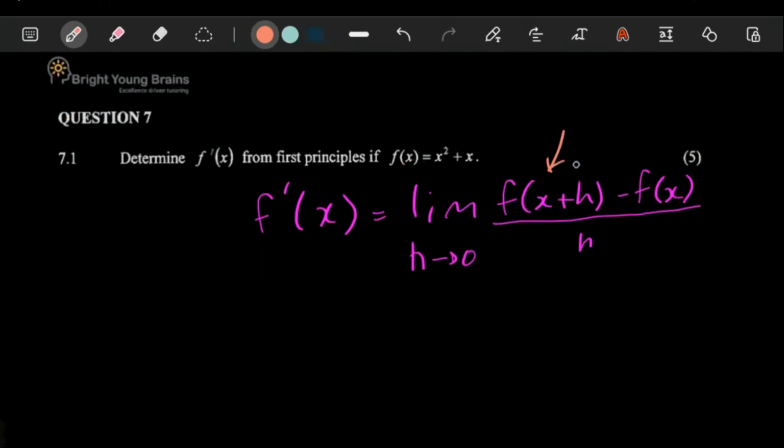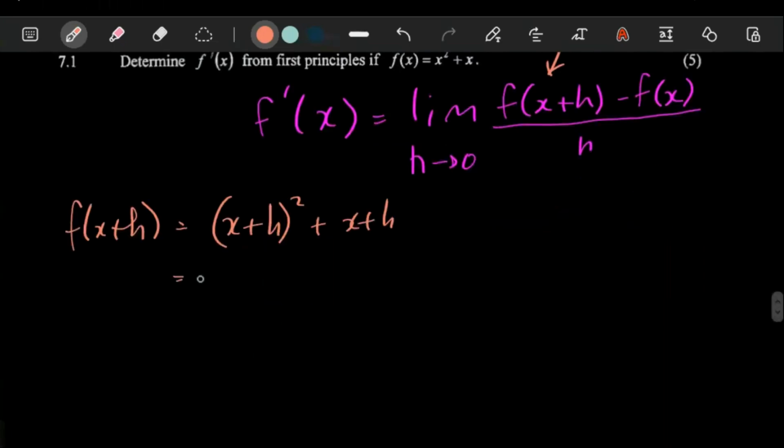It's a matter of putting x plus h here. So you're going to put x plus h squared, and then x plus h. Let's simplify this: x squared plus 2xh plus h squared plus x plus h. That's as far as we can go with that one.